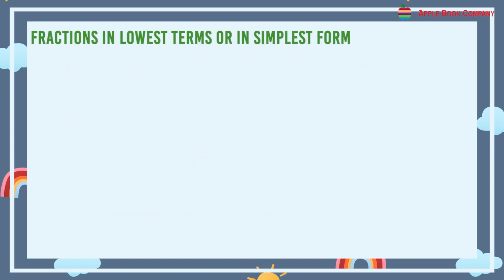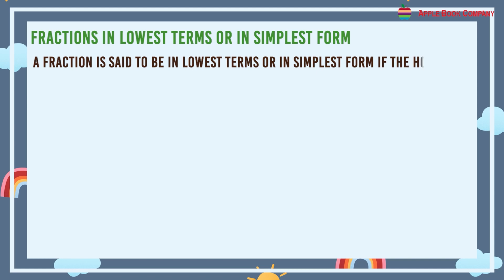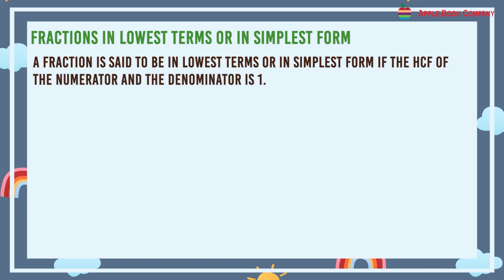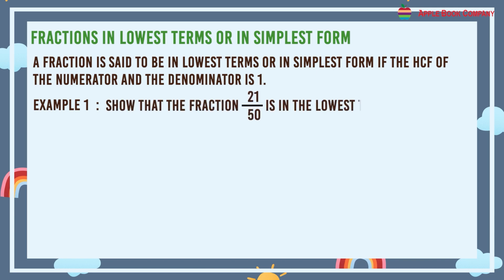Fractions in lowest terms or in simplest form. A fraction is said to be in lowest terms or in simplest form if the HCF of the numerator and the denominator is 1. Example 1. Show that the fraction 21 by 50 is in its lowest terms. Solution: the given fraction is 21 by 50.